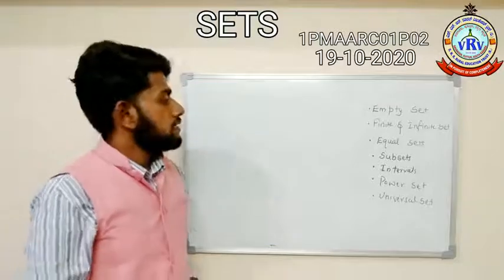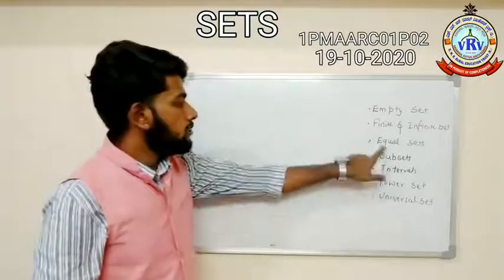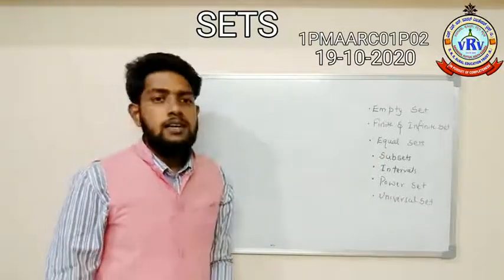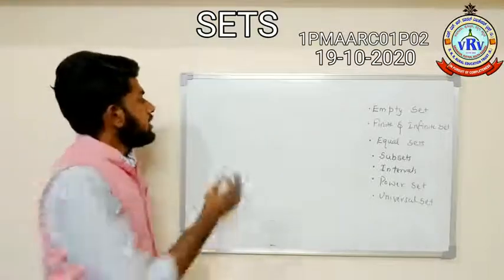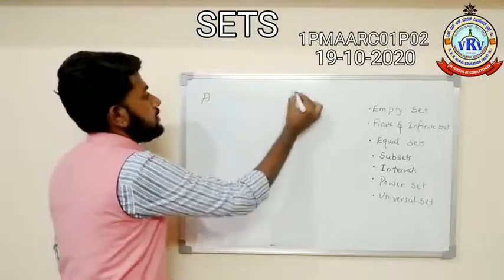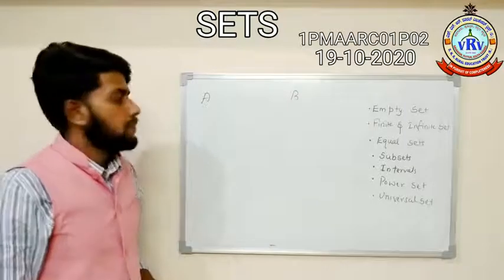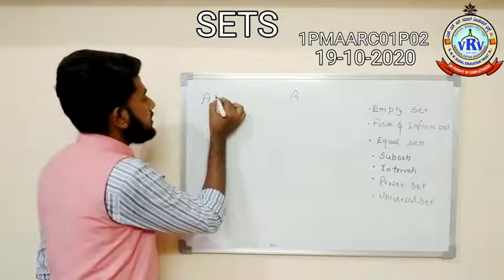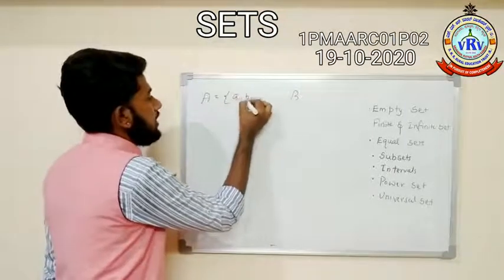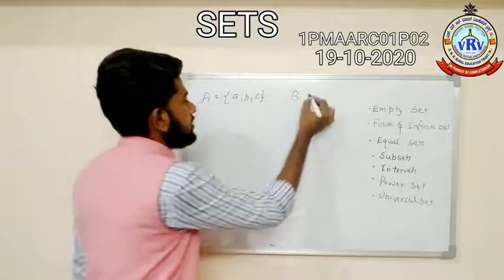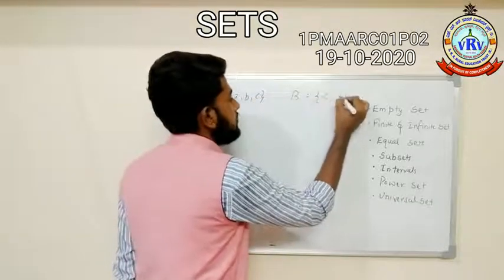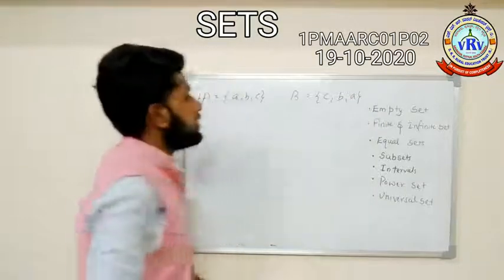Correct. Then the next concept is equal sets. If any two sets are given, let me take A and B, and I will write a set like this: A = {A, B, C}, and set B = {C, B, A}.